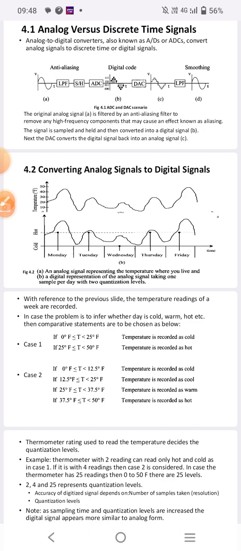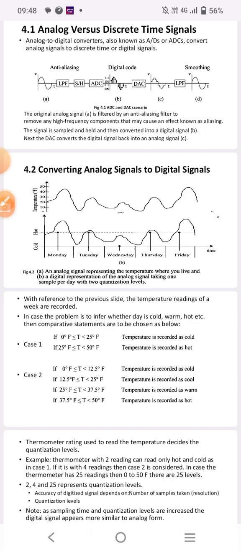And in the same way, suppose at midnight, due to humidity, the temperature instead of being around 0 is somewhere around 20 degree Fahrenheit. So I find that it's again a cool day, not a cold day. Previously it was either cold or hot.